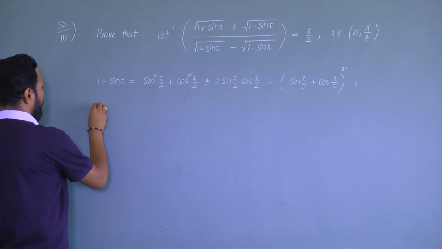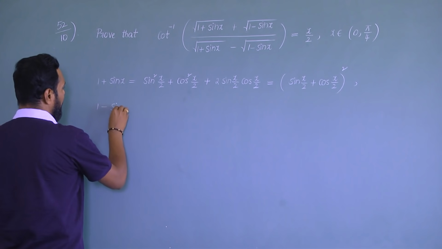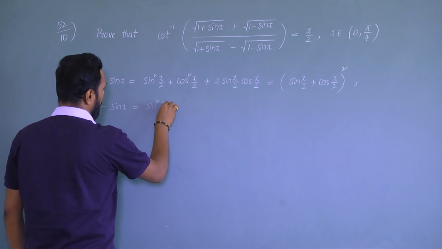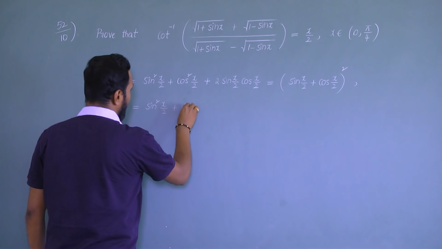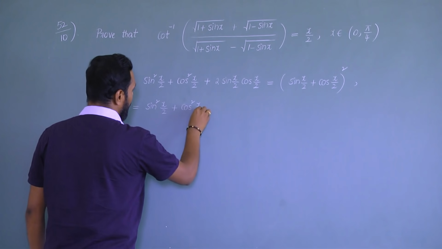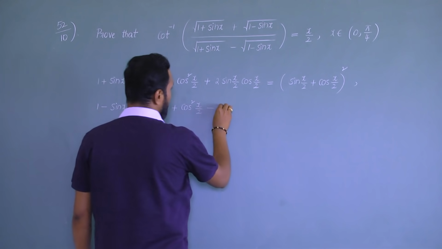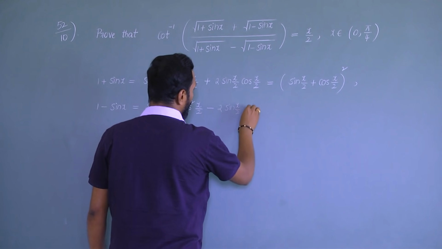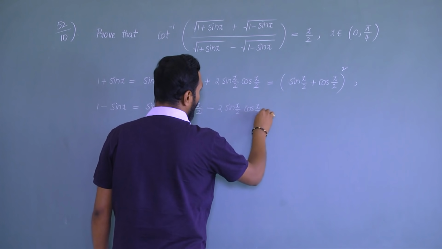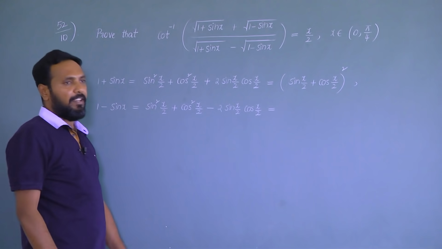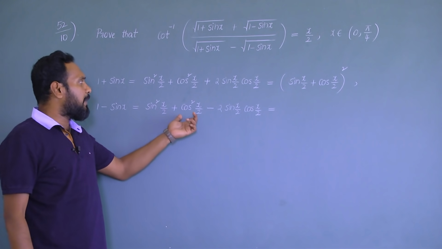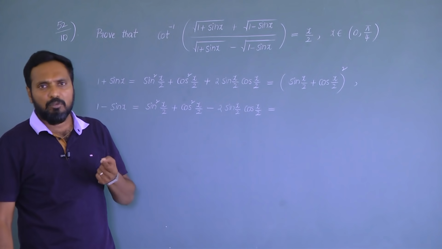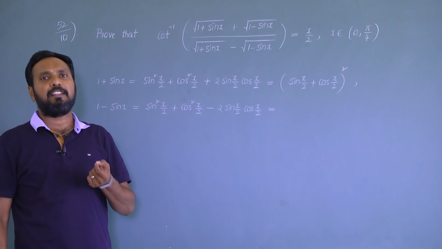And next one, 1 minus sin x equals sin square x by 2 plus cos square x by 2 minus, in terms of half angles, 2 sin x by 2 cos x by 2. It is a square plus b square minus 2ab. I can write a minus b whole square or b minus a whole square.